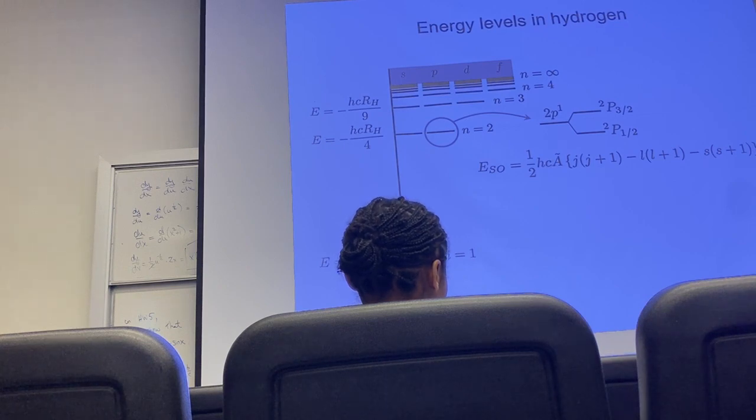And then the capital P is the so-called total orbital angular momentum. The total orbital angular momentum is just the same as its regular angular momentum in the case of hydrogen because it's only one electron. That means it's the same as this L value, which is 1. And when L equals 1, we say capital P. Because L equals 1 means it's in a P state.